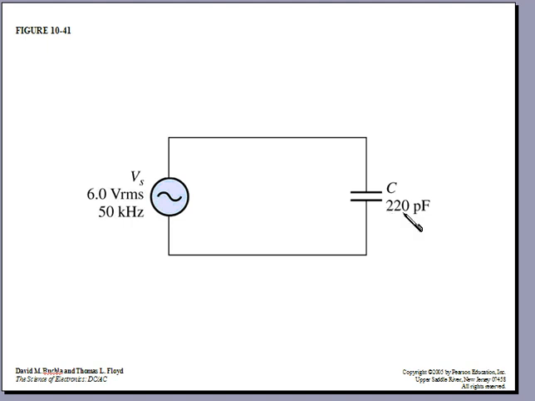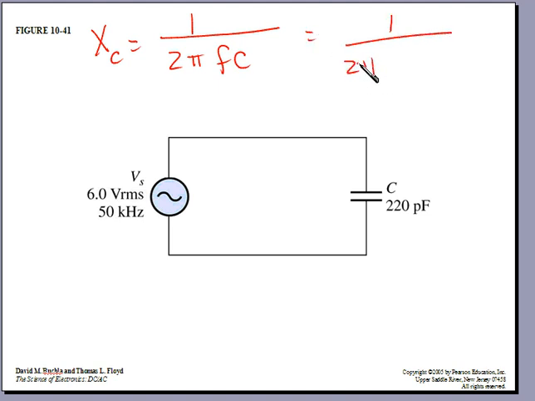Here, a capacitor. I can find the capacitive reactance here. This is the opposition to current. So I would just use this formula, 1 over 2 pi f C. The frequency is given as 50 kilohertz and 220 picofarads.